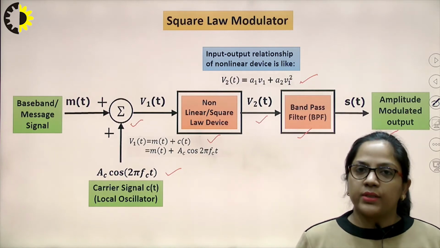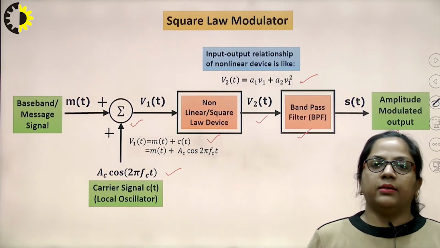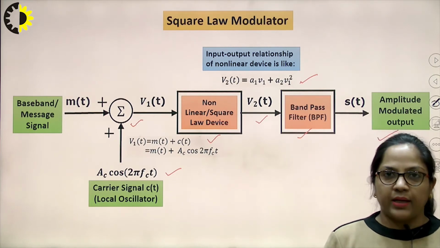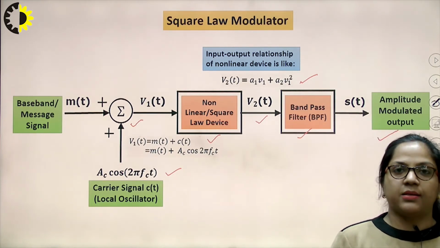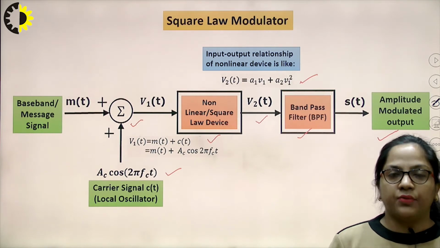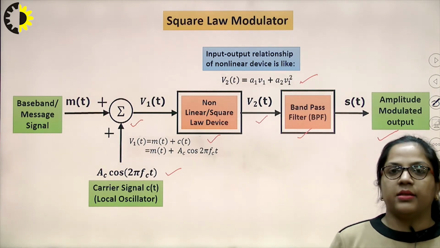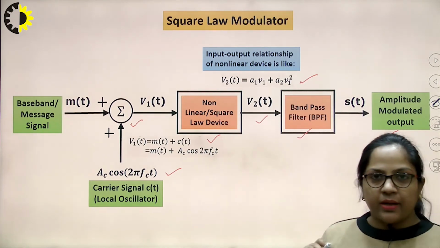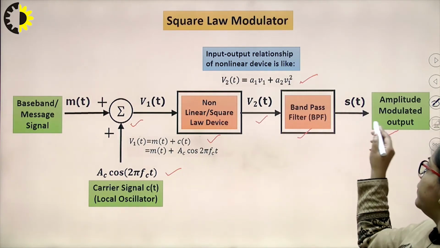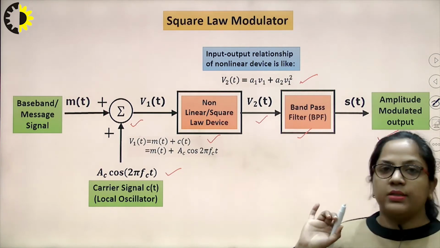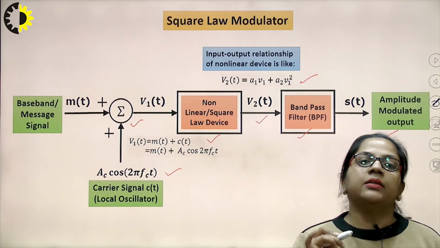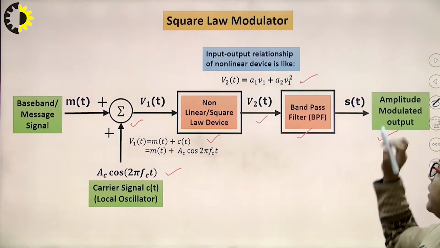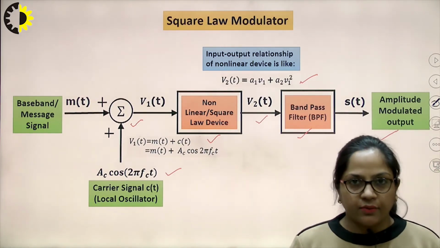A filter is a frequency selective network that passes signals of a desired range of frequencies and rejects other signals. So, we can select the bandpass filter in such a manner that at its output we get the signal of the desired frequency range and neglect the rest of the signal. The output of this bandpass filter will then become the amplitude modulated waveform.